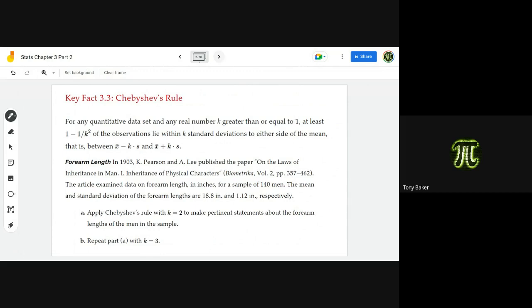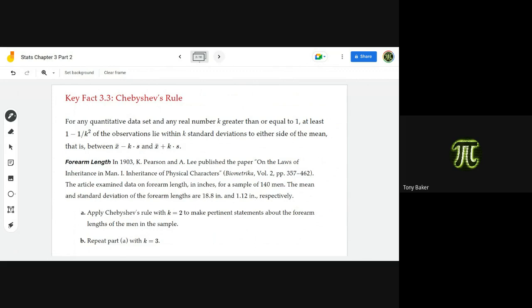So they sampled 140 men. The mean was 18.8 inches for the forearm length, with a standard deviation of 1.12 inches. So we want to know how much data is within 2 standard deviations.